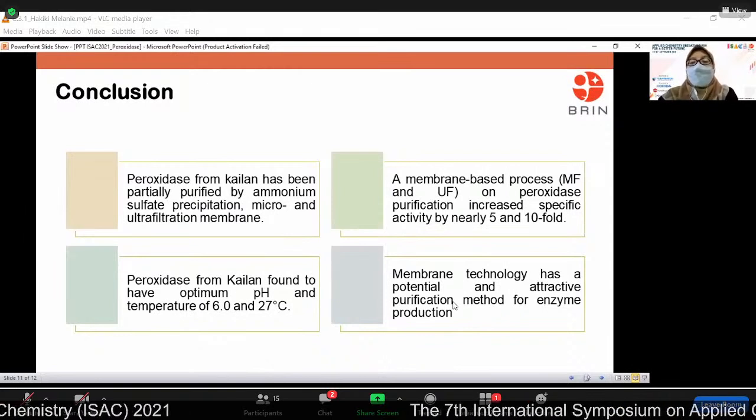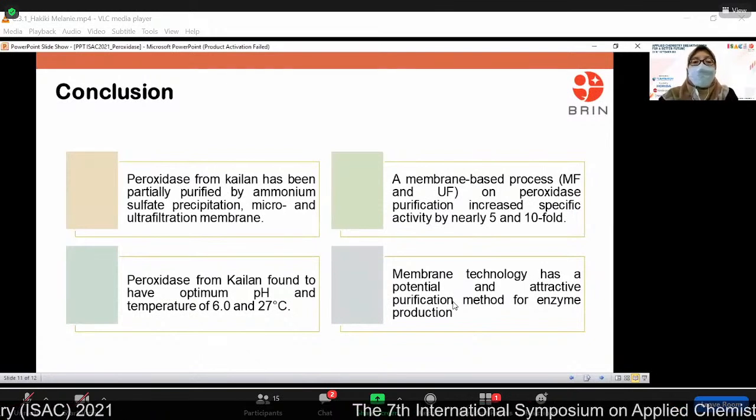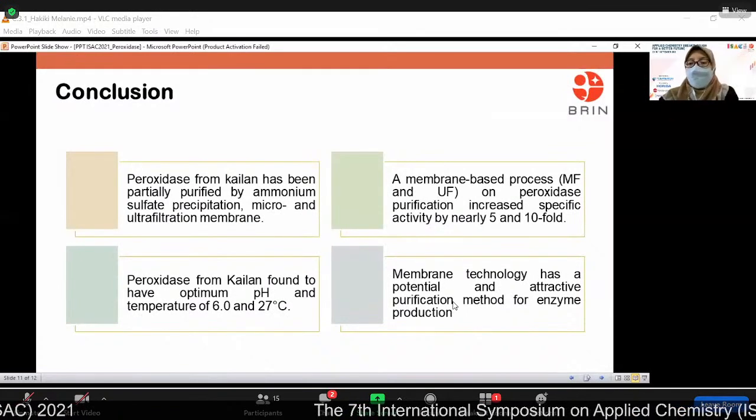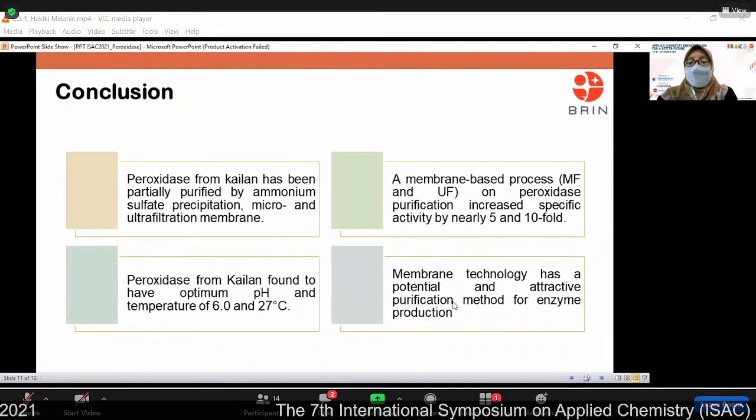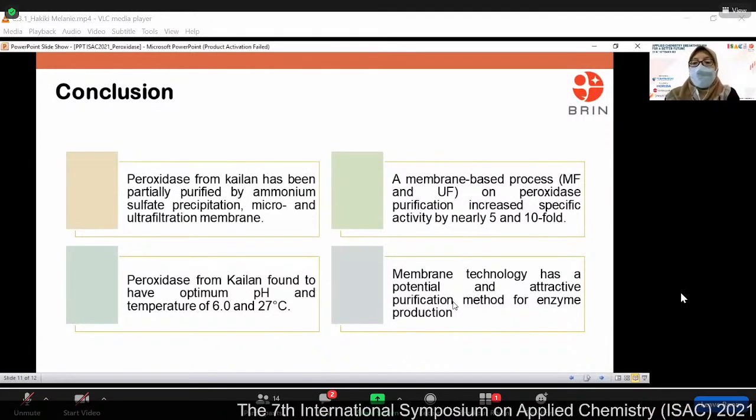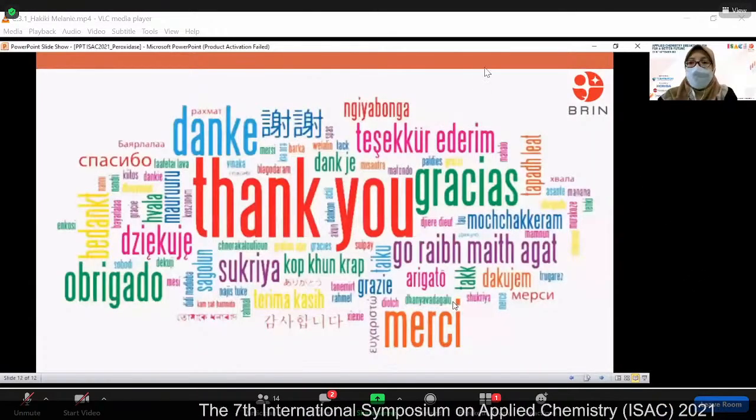Membrane-based processes, MF and UF, in peroxidase purification increased the specific activity by nearly 5 and 10-fold compared to the crude enzyme. Membrane technology has potential as an attractive purification method for enzyme production. I will conclude this presentation and thank you for your attention.